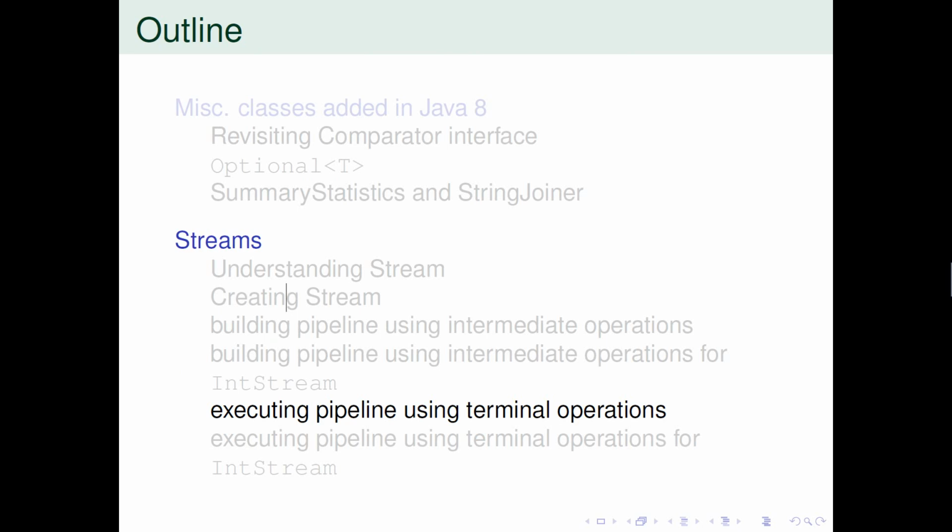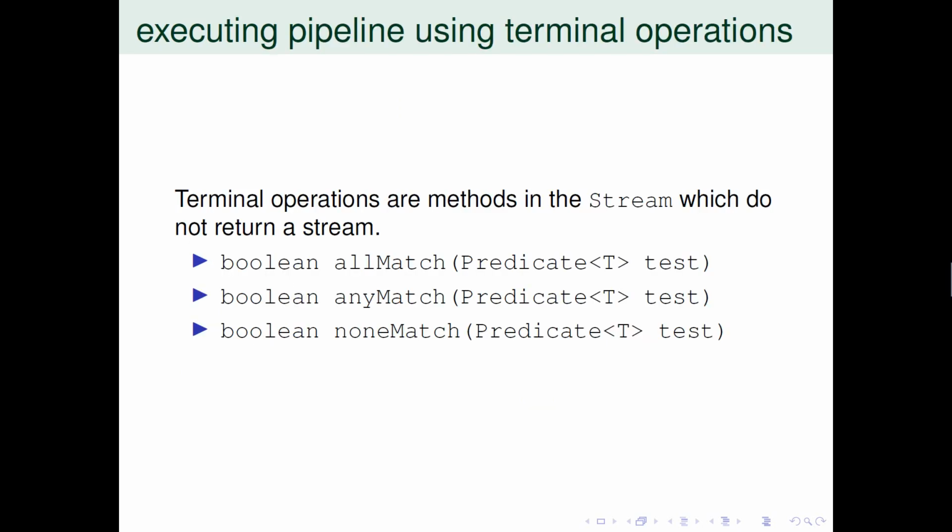Then we have the terminal operations. For example, on the output from the previous stream, or whatever that source is, I pass a predicate and check if every element passes the predicate test or not.